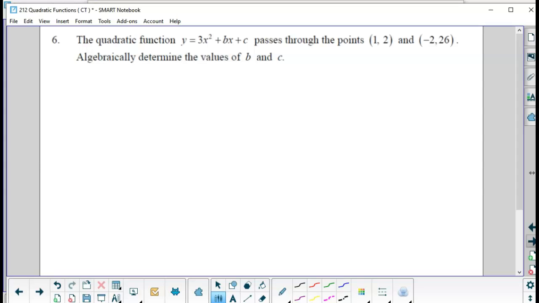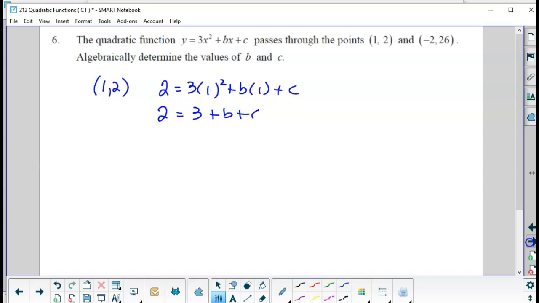And then quadratic function, 3x squared plus bx plus c passes through the point 1, 2 and negative 2, 26. Determine the values of b and c algebraically, because you don't know very much from that. But we do know, so for point 1, 2, that means when y is 2, x is 1. So substitute those in. Simplify that.